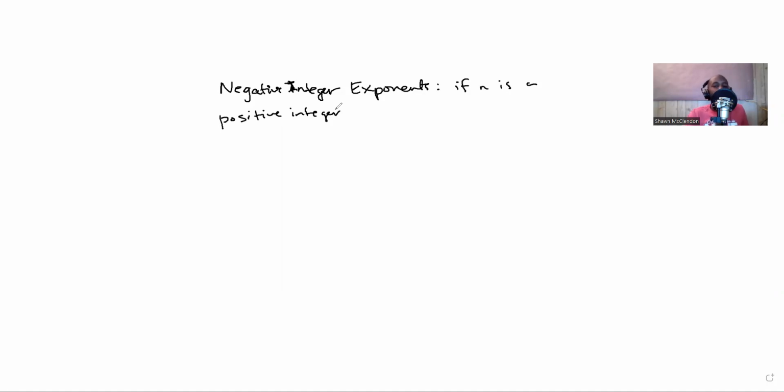So this next thing is negative integer exponents. If n is a positive integer, like we said before, that means it's 1, 2, 3, 4, 5, 6, 7, 8, 9, whatever, some whole number that is greater than 0.